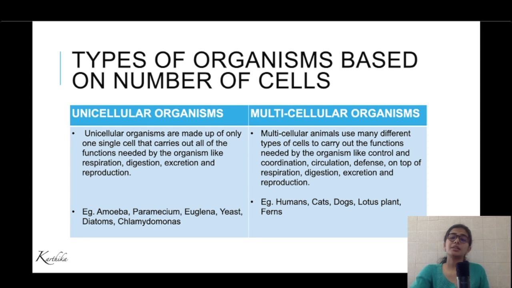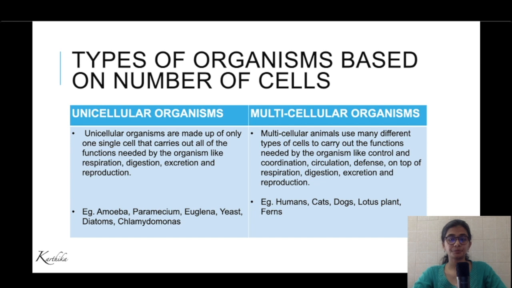Then multicellular organisms. Multi means many. So these organisms have many cells and also many different types of cells that carry out the functions needed by the organism. Now in multicellular organisms, the functions become a little more complex and varied.